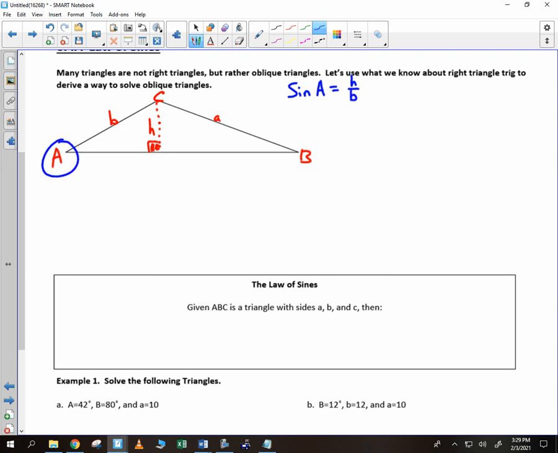Sine of angle A is equal to H over B. And then I'm going to do a similar one for B. Sine of angle B is equal to H over A. And if we simply just cross multiply here, we get H is equal to B sine of A. And if we cross multiply here, we get H is equal to A sine of B.